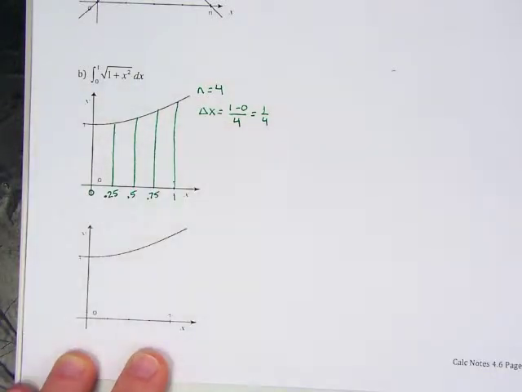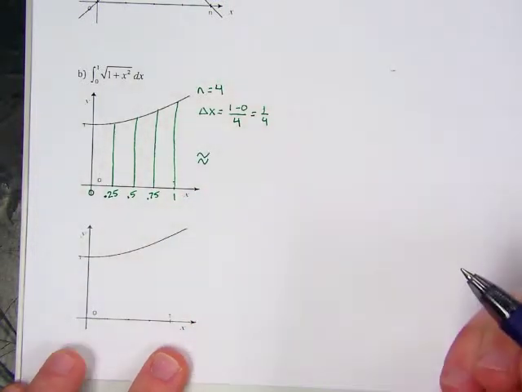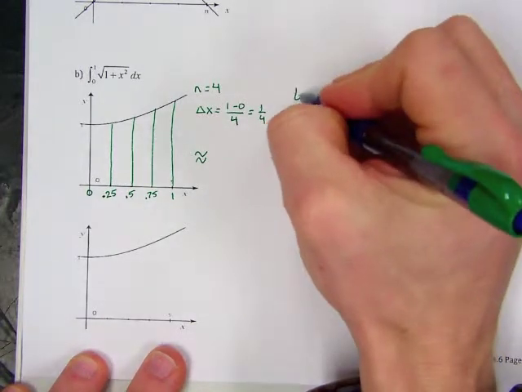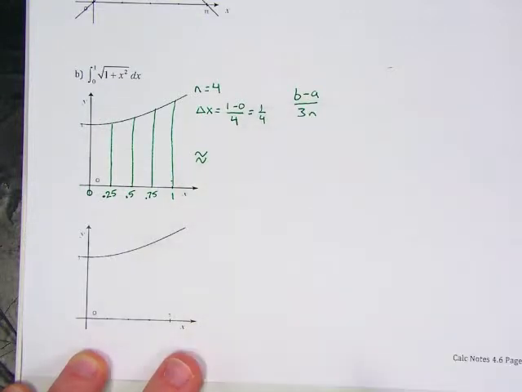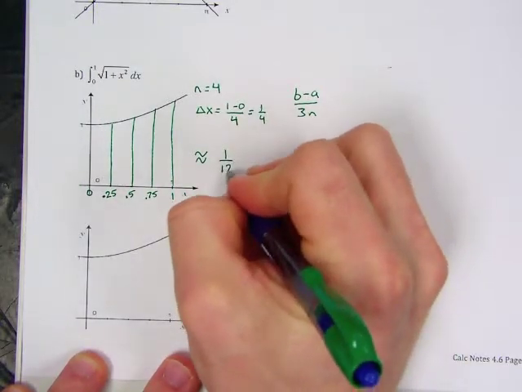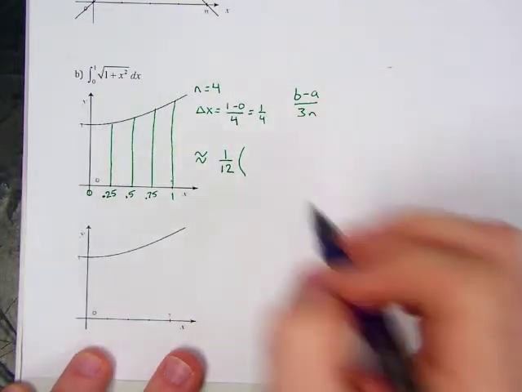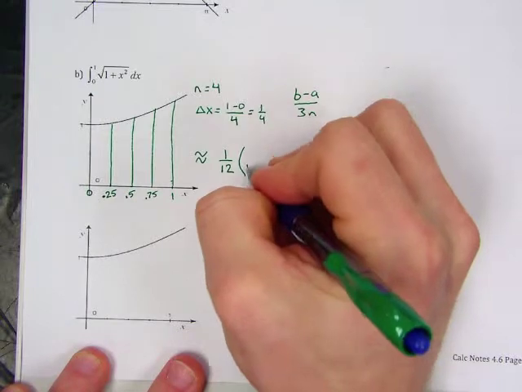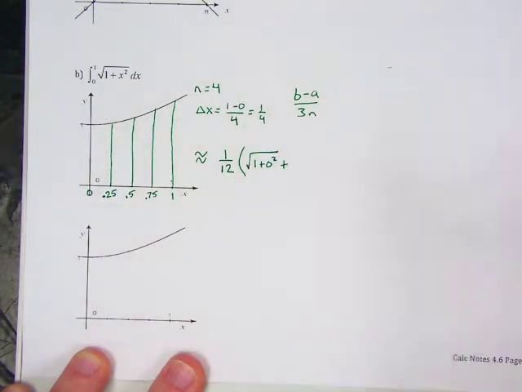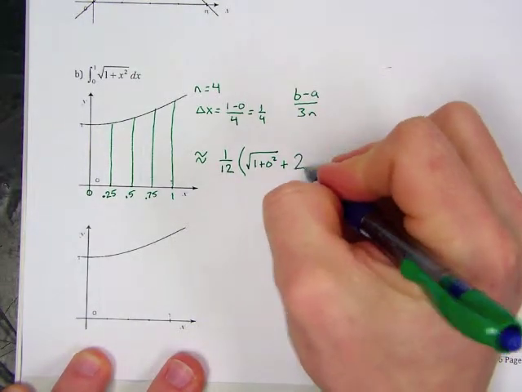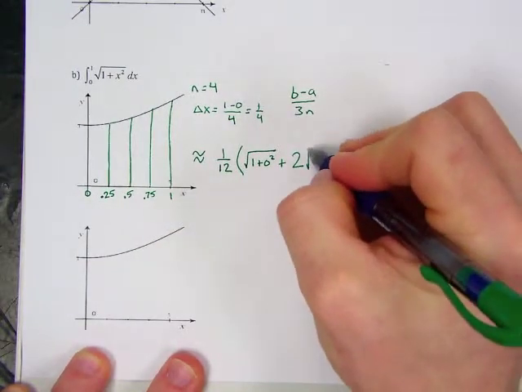So now let's apply Simpson's rule. And remember, this one starts off b minus a over 3n. So it actually is 1 over 12. And now the first one is just f of x sub 0. So it's the square root of 1 plus 0 squared. The next coefficient is going to be 2. And now it's f of x sub 1. So it'll be 2 square root of 1 plus 0.25 squared.